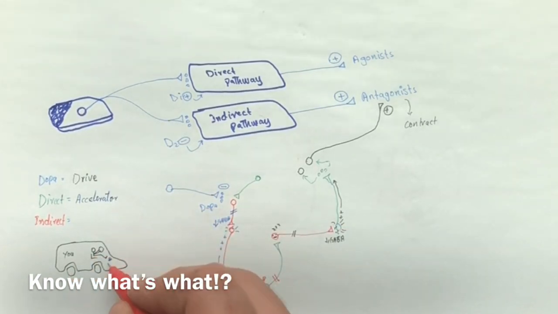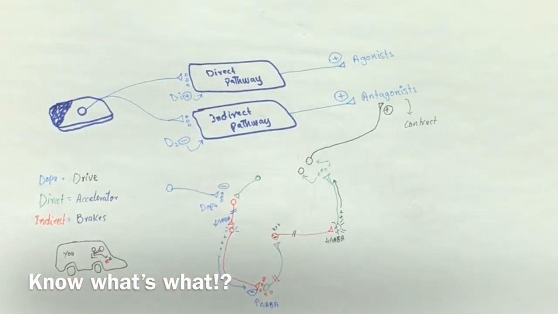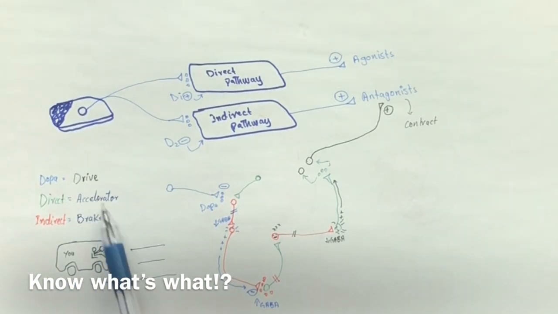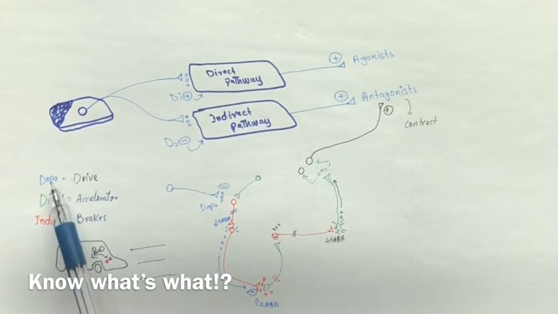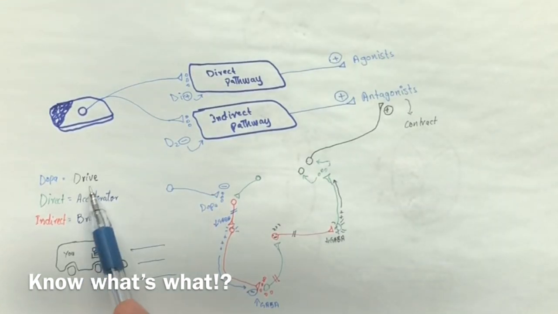Now, when there is no driver, can you have an accelerator? No. When there is no driver, can you have brakes for whatever you're doing? No. So the dopa helps you accelerate, meaning the dopa helps you initiate the movement. And the dopa working on the indirect pathway helps you quit that unwanted movement, right? So this is how the dopaminergic system influences direct and indirect pathways.